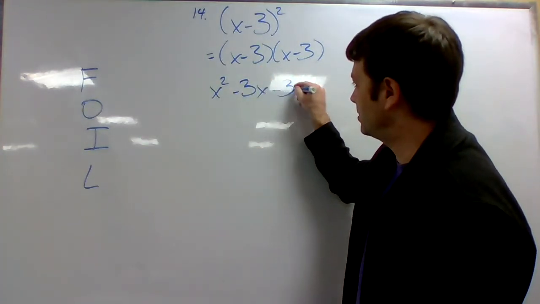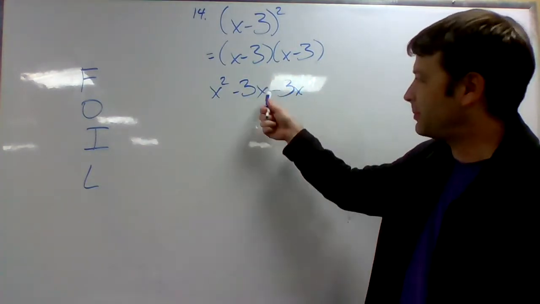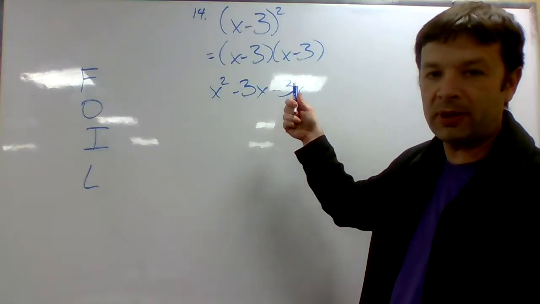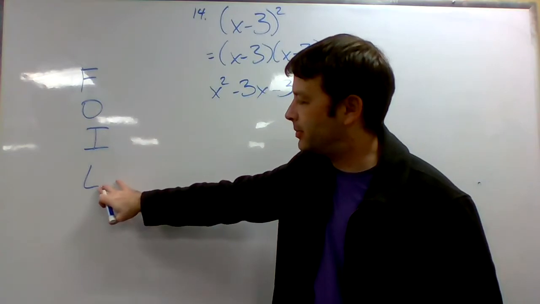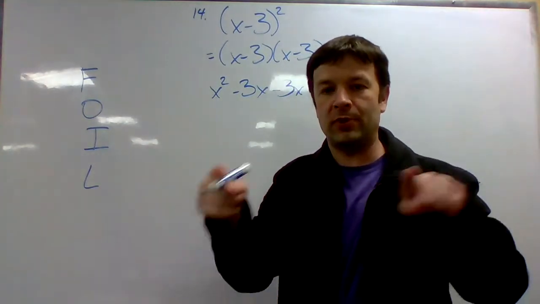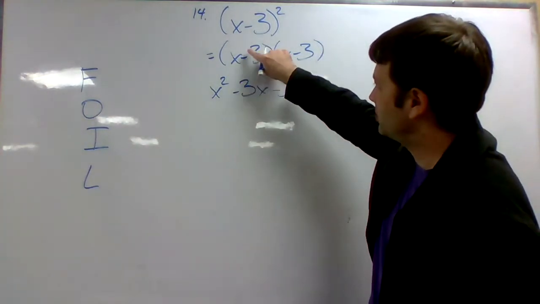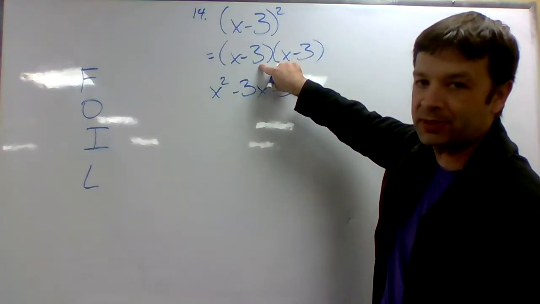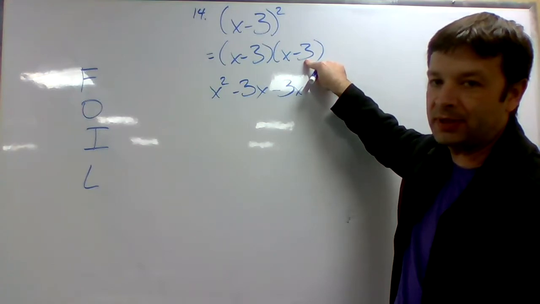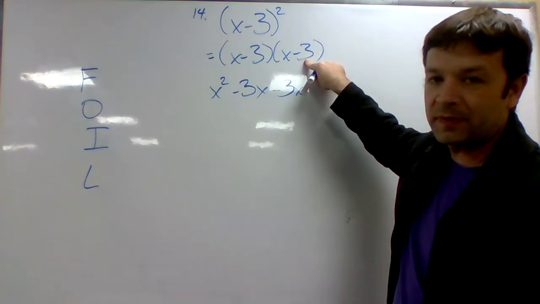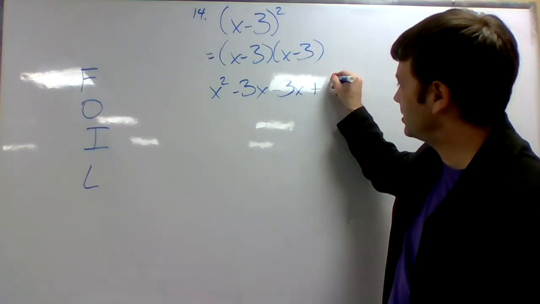Be another negative 3x. Okay, just happens to be the same on these problems, 13 and 14. And then L stands for last. So the last in the first parentheses is a minus 3. The last over here is minus 3. What's negative 3 times negative 3? Positive 9. So I'm going to put plus 9 right there.